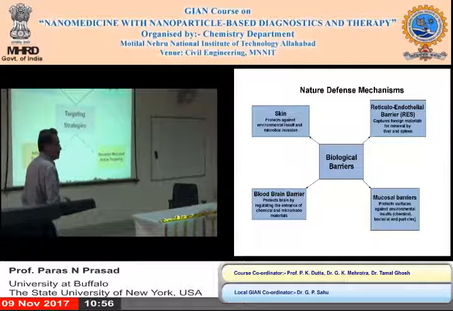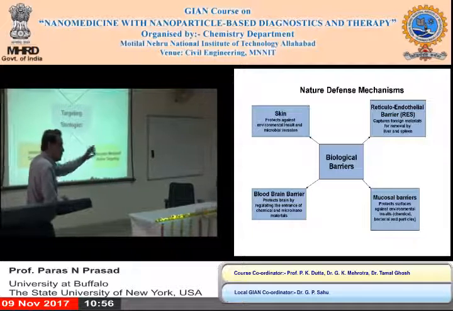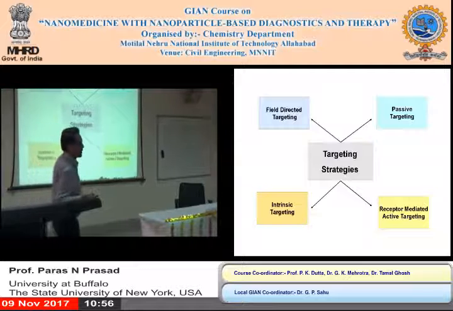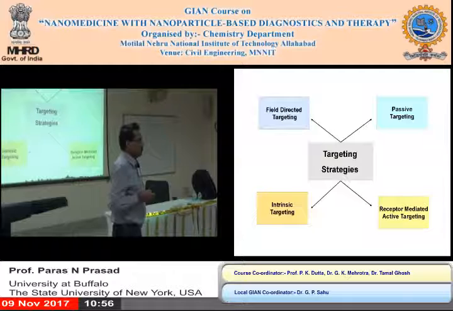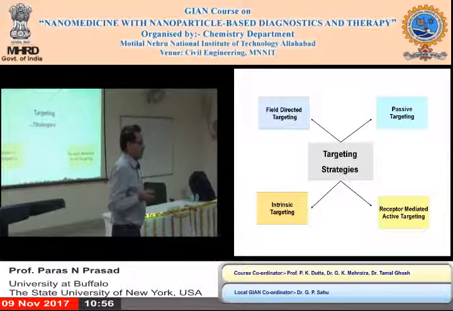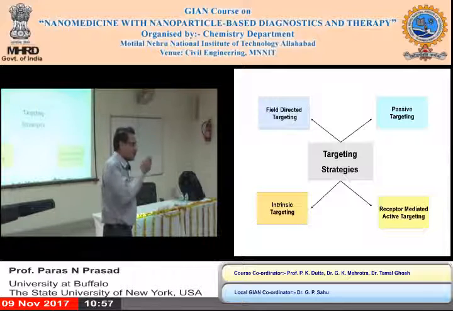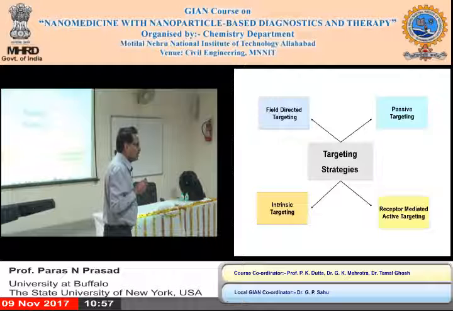Now, targeting. What are the things we can do for targeting? How do we target a given site? So the first one is passive targeting. Passive targeting means you do nothing special to the nanoparticle, and they still kind of circulate and find the right spot to get in there.